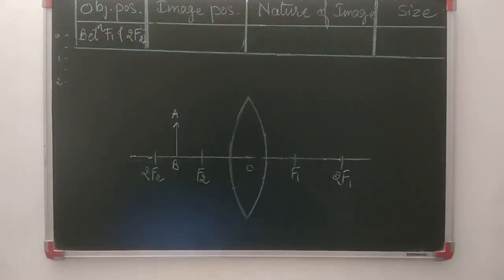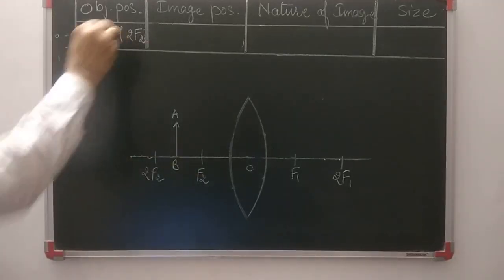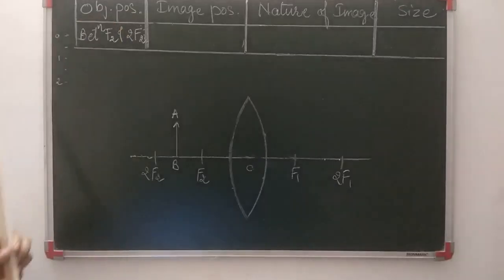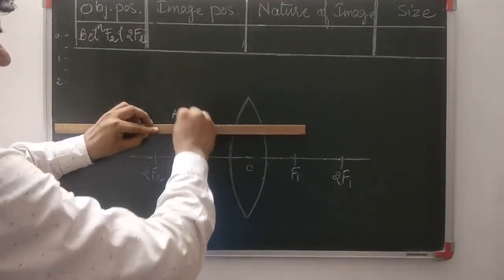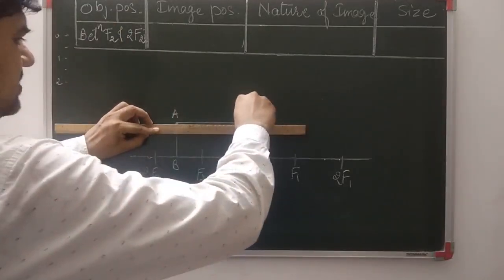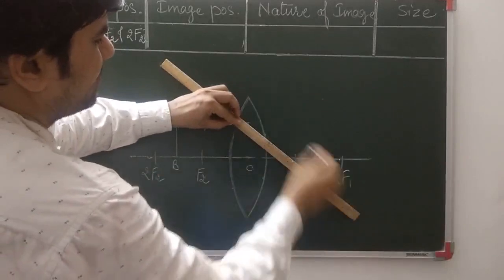Let us see this condition where the position of the object is between F1 and 2F1. It is between F2 and 2F2. So let's see where the image is formed and the properties of the image. First ray which is parallel to the principal axis, and you can see after the refraction it passes from the focus.